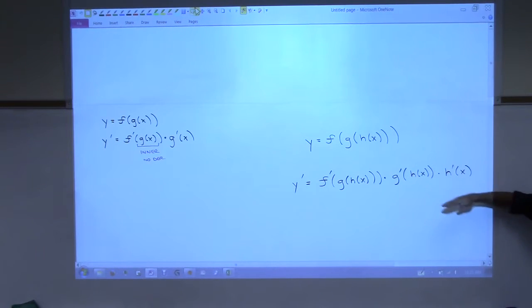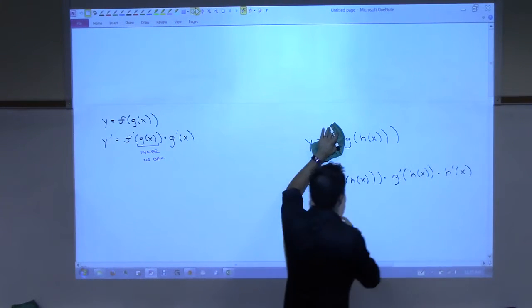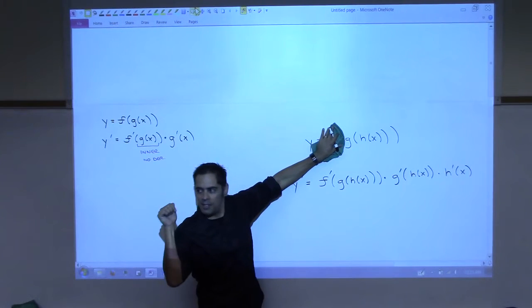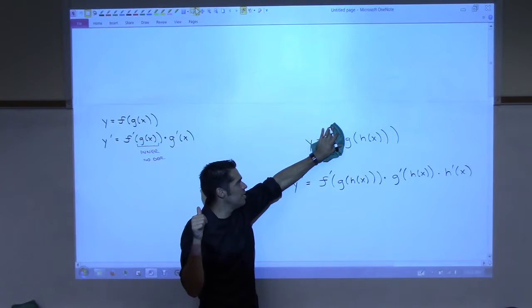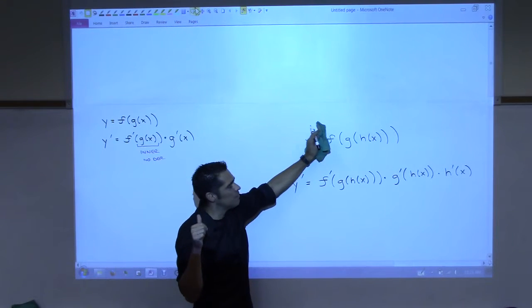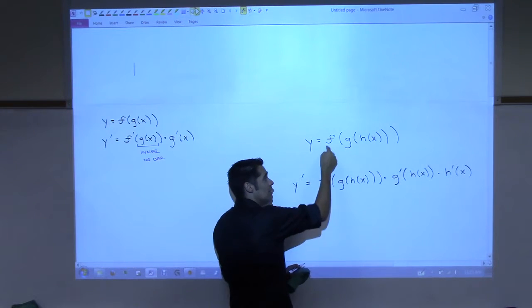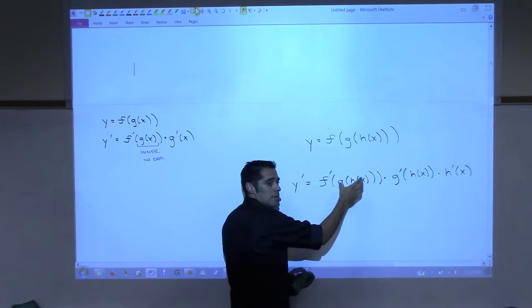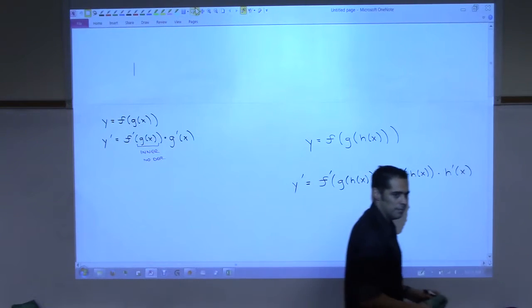So look, this part right here, g prime h of x times h prime of x, this right here is like if the f wasn't there, right? And then that's the same rule. The only added part to this is that if we have another layer to the composition, then we have to include the derivative of that layer with all the stuff that was plugged into it. Let's do an example.